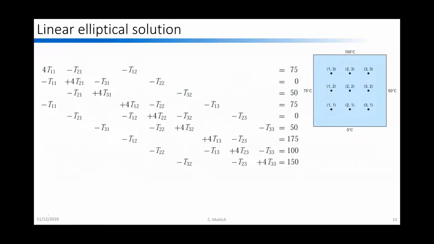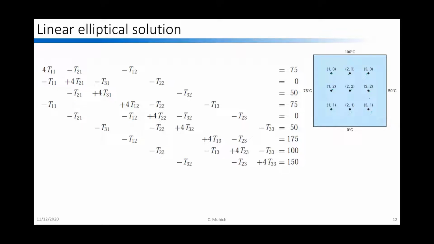If I do that, I end up getting a whole set of linear equations. So we have 9 linear equations, one based on the equations written out at each of these different points. And you see that we form a nice matrix.